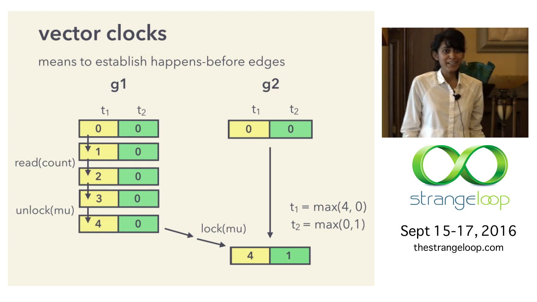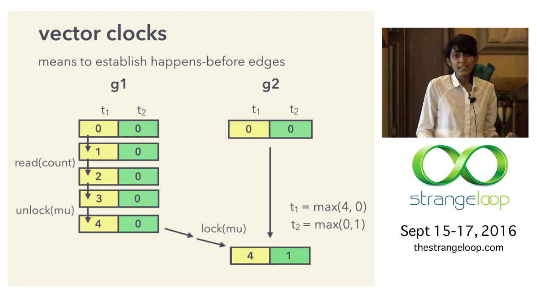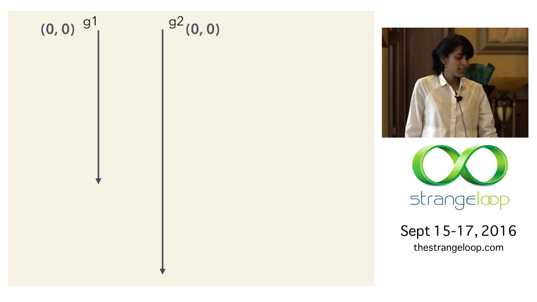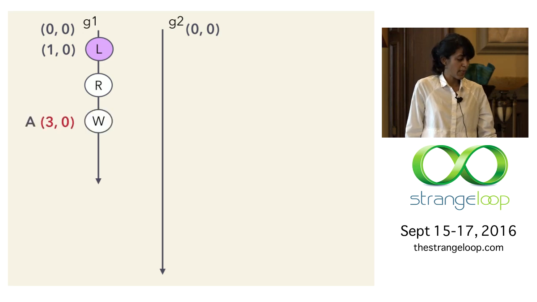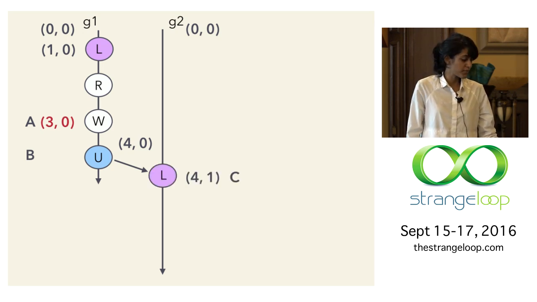So vector clocks are supposed to help us determine concurrency. Let's see how that happens. So applied to our program, 0, 0, first event, second event, third event. Fourth event is the unlock, so it's going to send it over. Now at this point, coroutine 2 has an event, and so its vector clock is 4, 1.